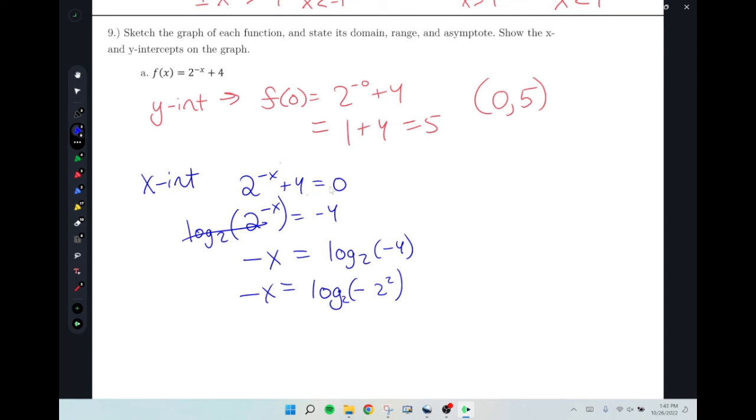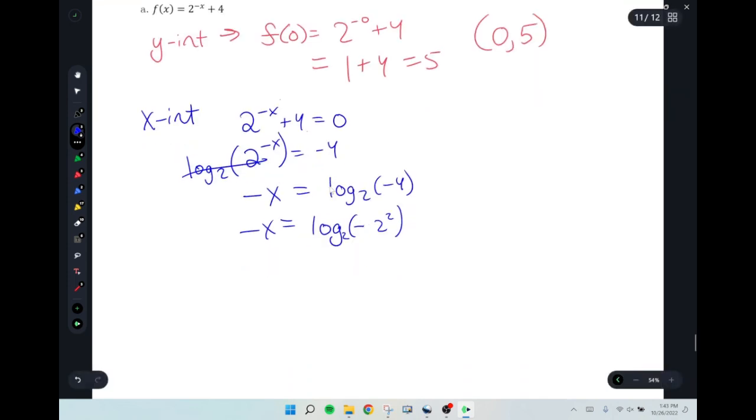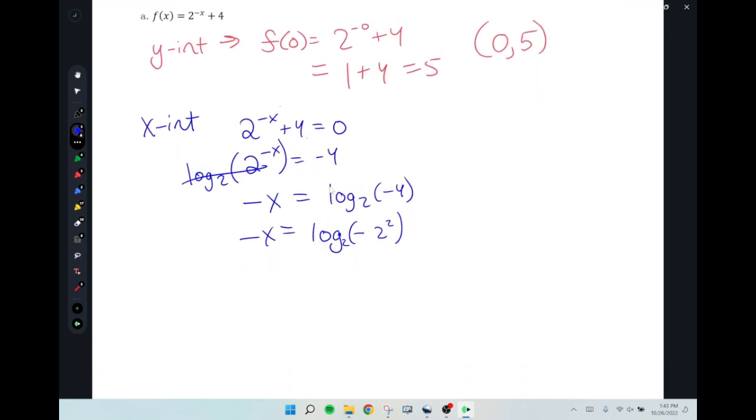Oh, this is getting uglier than it needs to be. Is there a better way to do this one? Log 2 of negative 1. Holy crap. We can't have the log of a negative number, right?